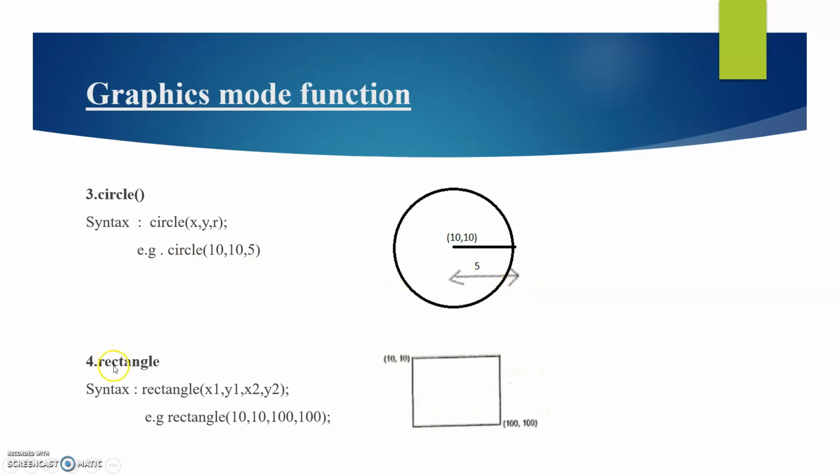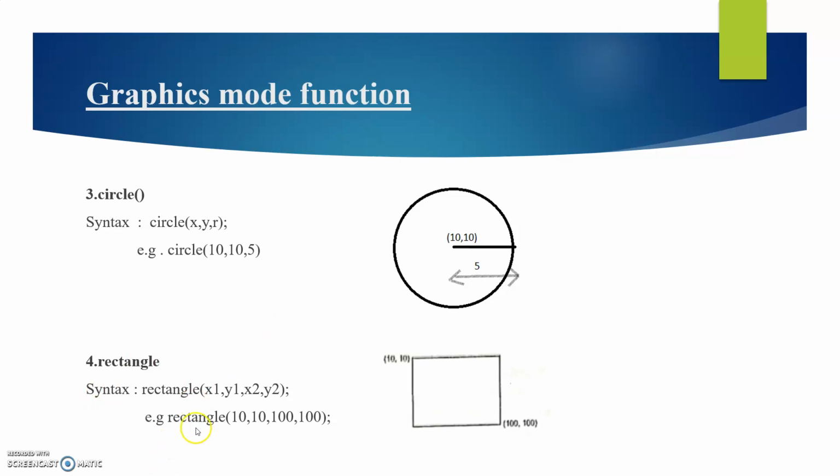The next is rectangle. This command draws a rectangle on the screen. Syntax is rectangle(x1, y1, x2, y2); where x1, y1 are the coordinates of the top left corner point of the rectangle, and x2, y2 are the coordinates of the bottom right corner point of the rectangle.